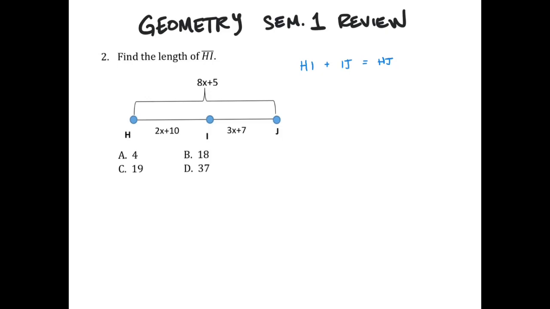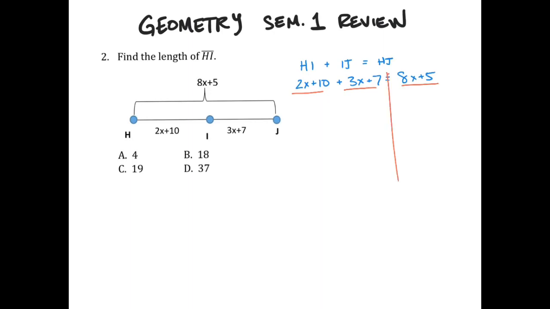HI is 2x plus 10. So let's replace HI with 2x plus 10. For IJ, it's 3x plus 7. And HJ is 8x plus 5. We call that the segment addition postulate, and we always said, you know, the part plus the part equals the whole. So you probably remember that.